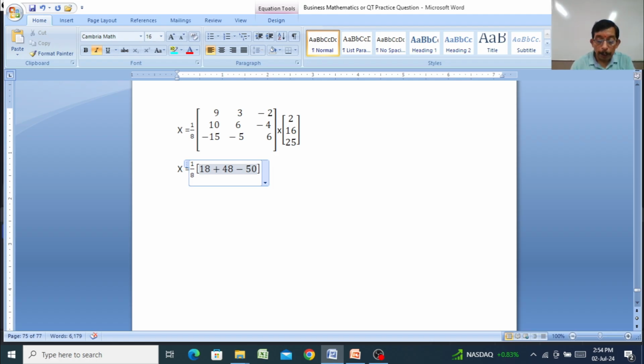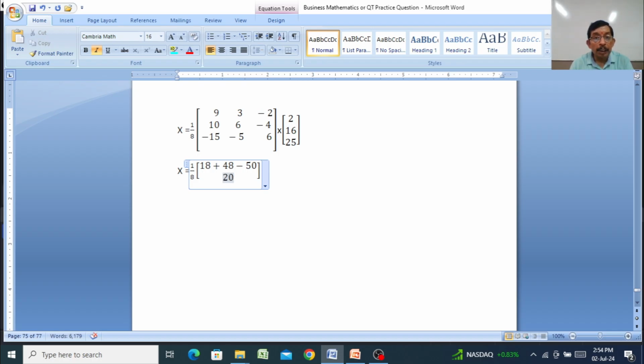Now, because there is no more column in the second matrix, we come to the second row. Second row first element is 10 and the corresponding element in the first column is 2, then 10 times 2 is 20, note down 20.